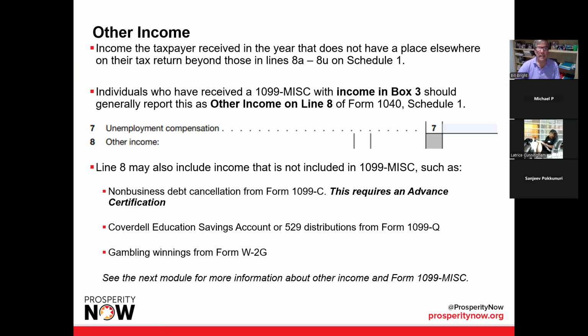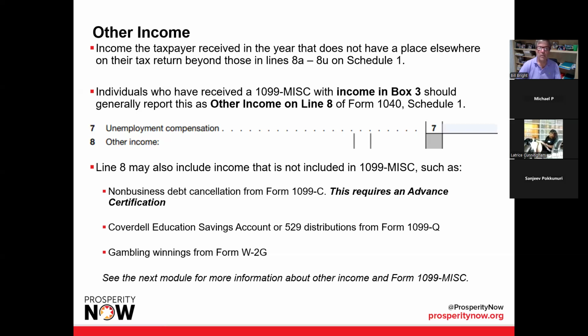In my paid practice, I have a gentleman who every year at graduation at Ryder helps in the parking lot to park cars at commencement. And for that, he gets $500, and he gets a 1099 miscellaneous. It's fully taxable. Obviously, it's been reported by Ryder to the IRS, so he needs to match that. But he's not in any kind of business of parking cars. Okay, that's a good example of miscellaneous income.